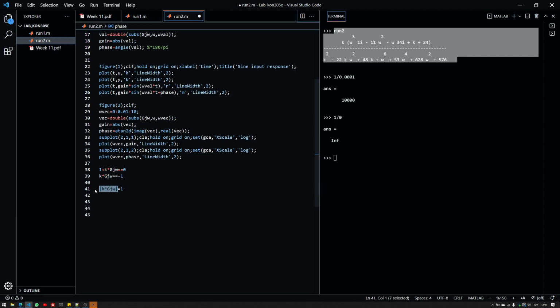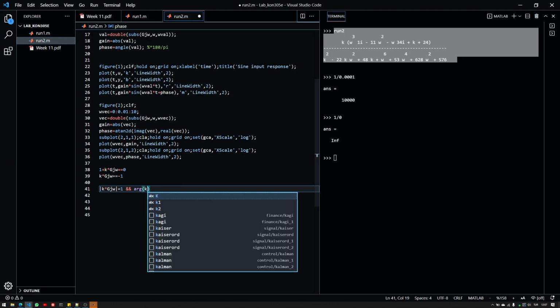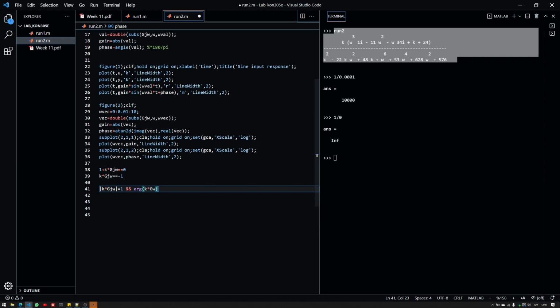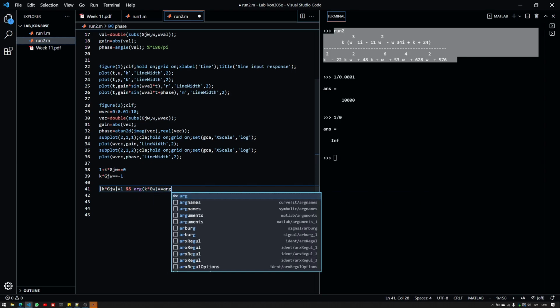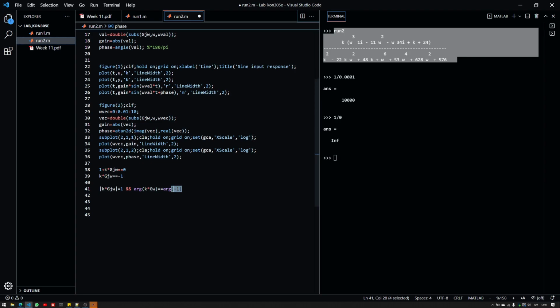Now, if the magnitude is equal to 1, and if the argument of k times g omega is equal to arc -1, which can be, by the way, 180 degrees or -180 degrees, then instability occurs. This is the marginal stability point that I'm looking for. So, yeah, this one is quite interesting.